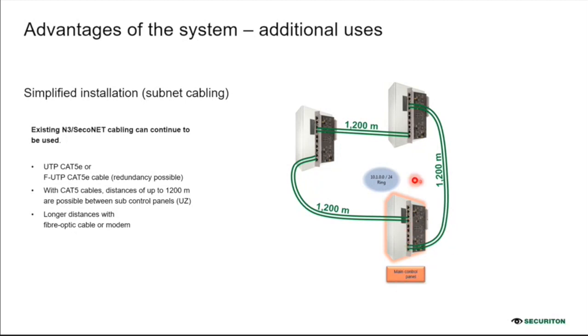Then we configure one panel as a main panel, and this one will be the panel that receives all the messages from the sub control units. When we use a standard connection like copper, the maximum distance between the panels is 1 kilometer and 200 meters.